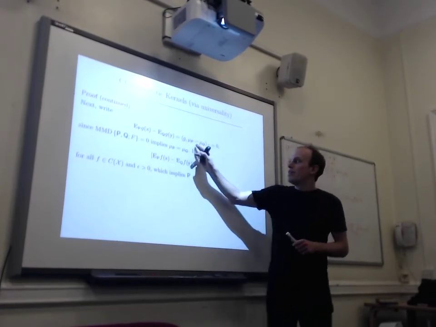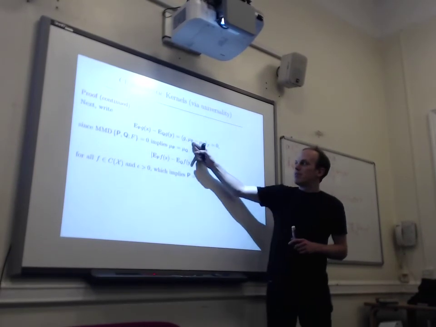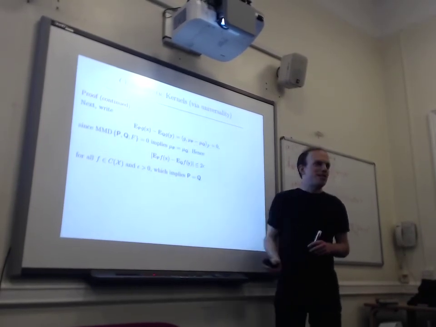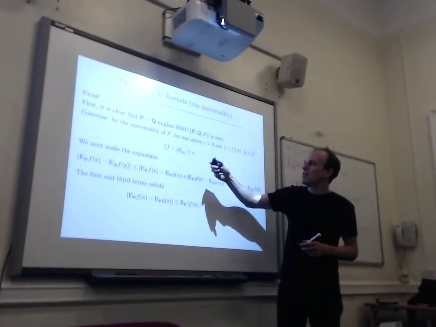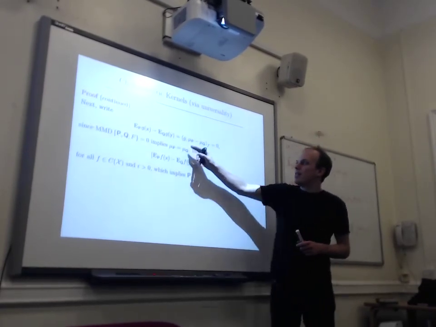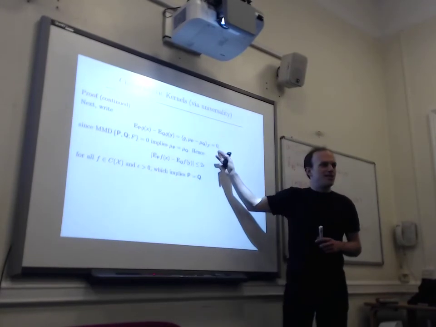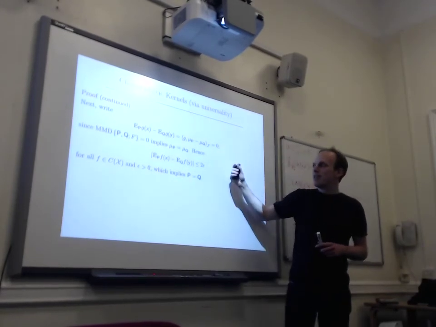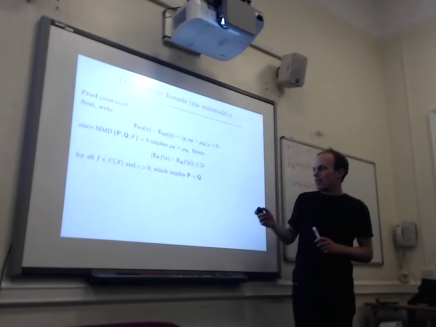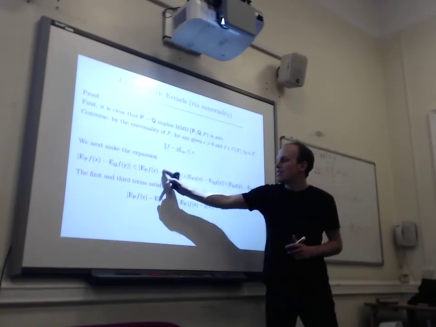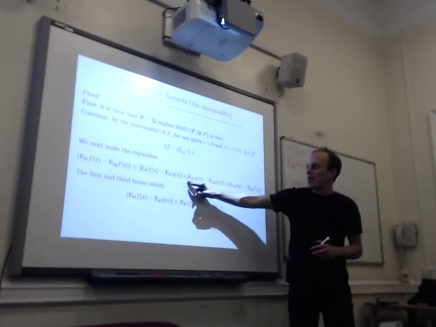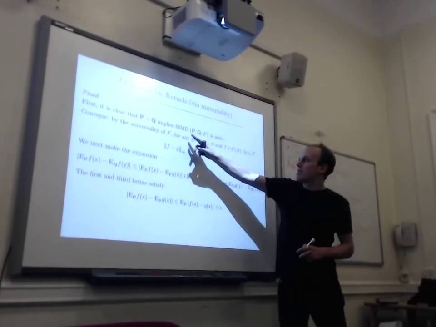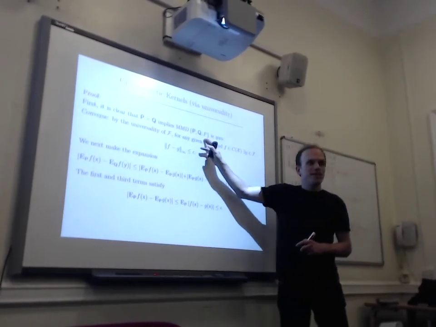But because the MMD is 0, the distance between the expected feature maps is 0. That's what we've assumed, that's what we started with. So that means that this is 0. Okay? So let's go back to the previous slide. So I know that this is less than epsilon, I know that this is less than epsilon, and I know this is 0 because this is 0.